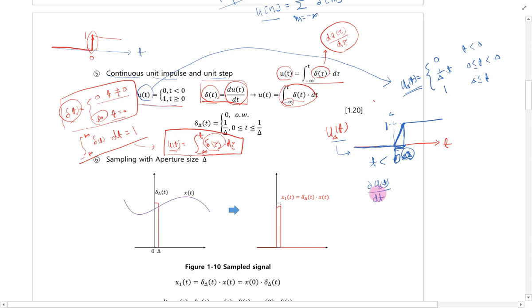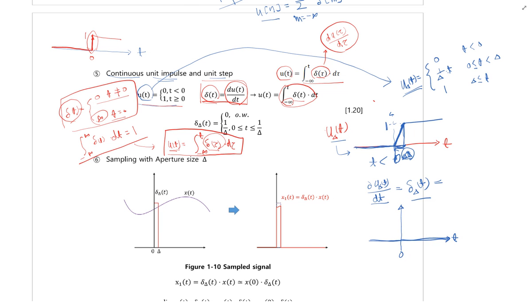Then this becomes delta(t), an approximation of the impulse function. You can think about it by taking the differentiation. Okay, this is the time t axis. This is t equals 0. So I would like to plot u delta(t).